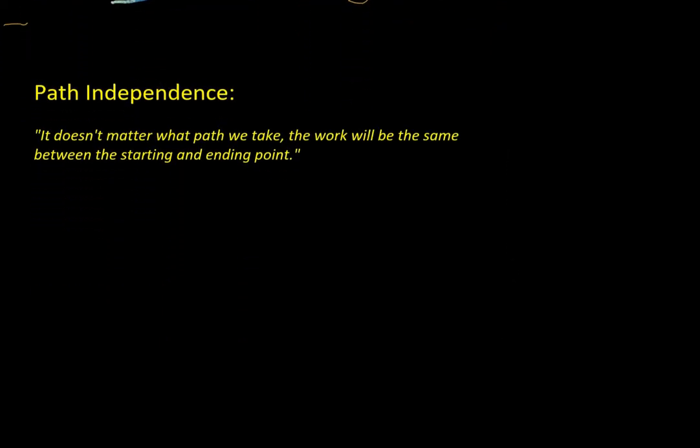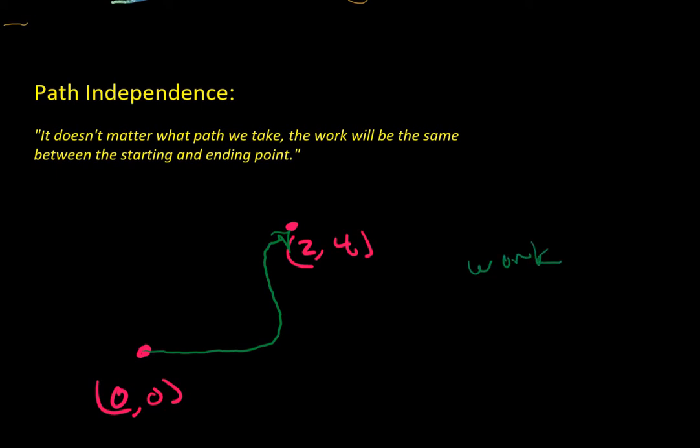So what that means is, if we have a point here, in this case we were at the origin (0, 0), and we wish to end here at the point (2, 4), if I chose to go this way and meander, that work would be equal to 36 joules if we're using joules.